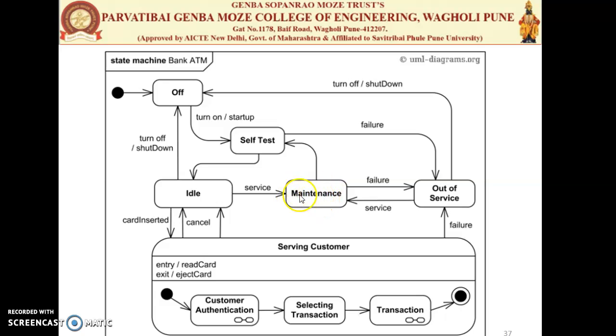Under the maintenance state, if the ATM is still not performing well after the maintenance, it will go to the failure state. After the failure, it will go to the off state. If after repairing the machine it is working fine, then it will go for the self test. After the self test is okay, it will again go to the idle state. If the self test fails, then again it will go to out of service.